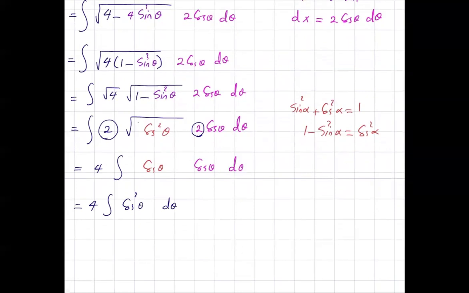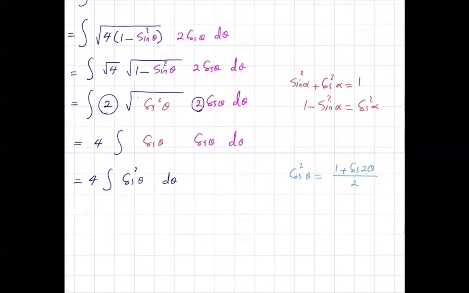Now, as we mentioned before, use the property of cosine squared of theta, which is 1 plus cosine 2 theta divided by 2. Plug that in and complete this integral.